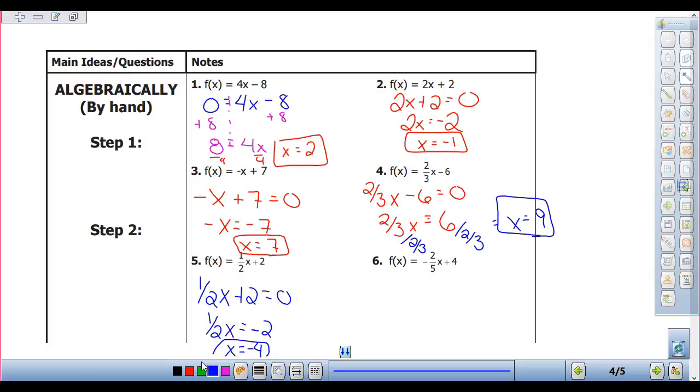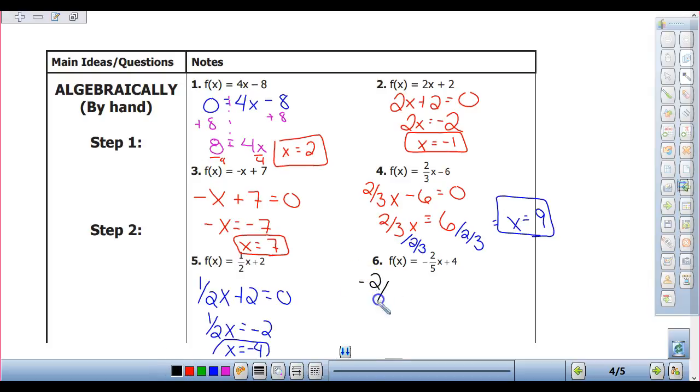You get -4, because you're taking 1/2 of x, so they're multiplying by 1/2. You have to divide by 1/2. You're taking -2 divided by 1/2. Right? Because now, if I plug this in for x, it's saying 1/2 of -4 is -2. Okay?